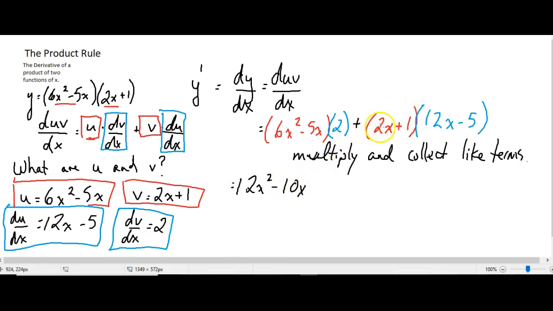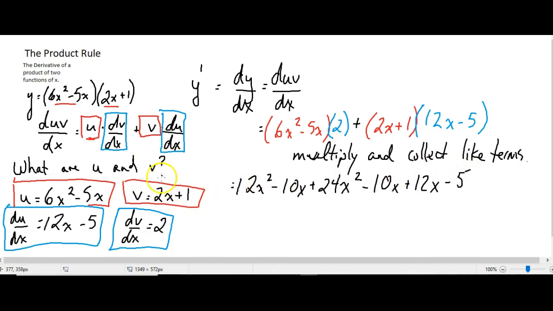And now we have a binomial multiplied by another binomial. So perhaps you recall FOIL, right? So 2x times 12x, which is 24x squared, and 2x times minus 5, which is minus 10x, and 1 times 12x, which is 12x, and 1 times minus 5, which is minus 5.